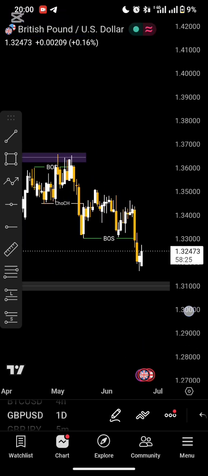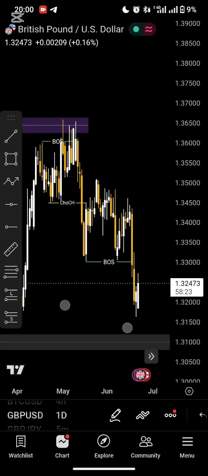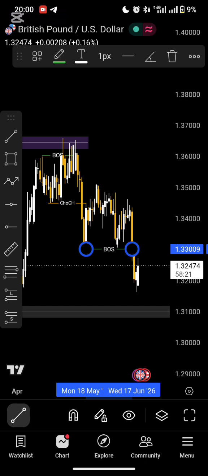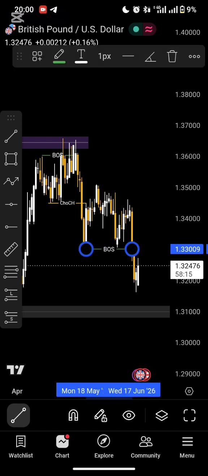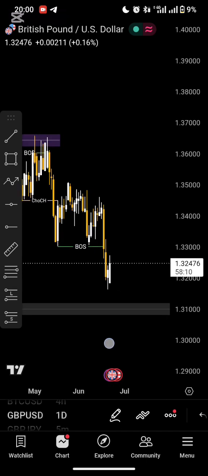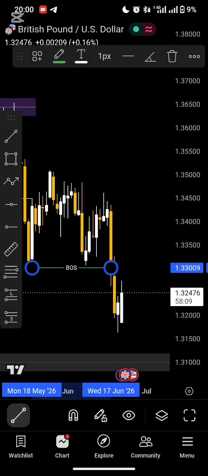Now internally on the daily, we can see that this is the last breakout structure that we had to the downside. There was a change of character up here, but we are focusing on the recent breakout structure on the daily, which is this. So now we are going to look at the order block that caused the breakout structure, and that is where we intend to trade into.